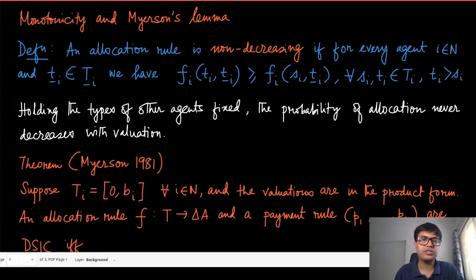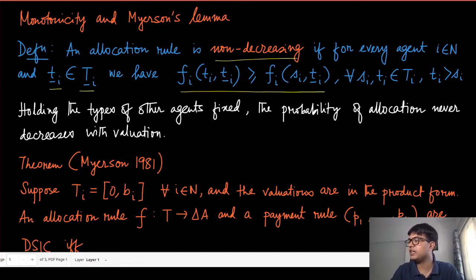We are going to say an allocation rule is non-decreasing if the following happens: for every agent i and for every t_{-i}, the type profile of the other agents, whenever t_i is strictly greater than s_i, the corresponding allocation is non-decreasing.